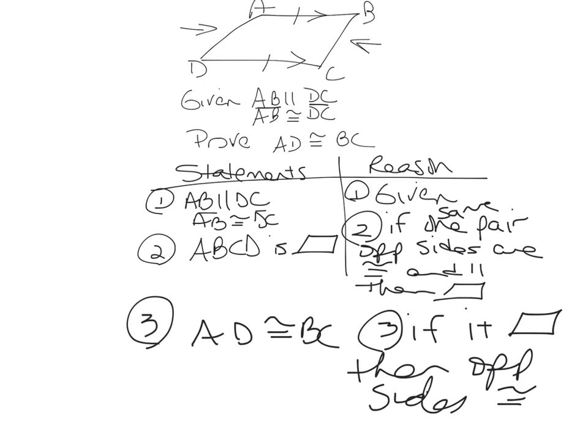If you don't know the properties, the proofs are going to be challenging. And again, there's going to be 19 different things you're going to need to memorize. Right now, we've only covered the parallelograms. We're going to be covering squares, rectangles, rhombuses, kites, trapezoids. That's why there's going to be 19 of them.